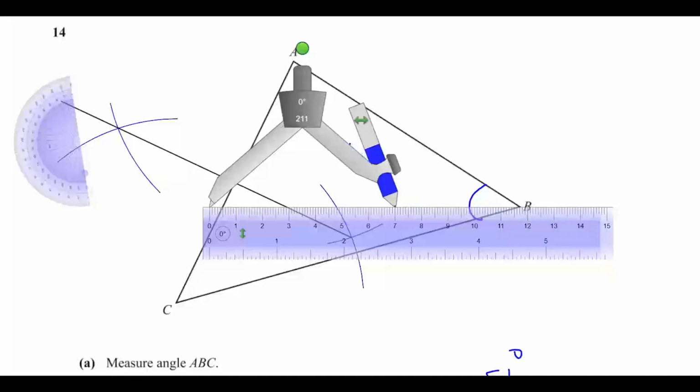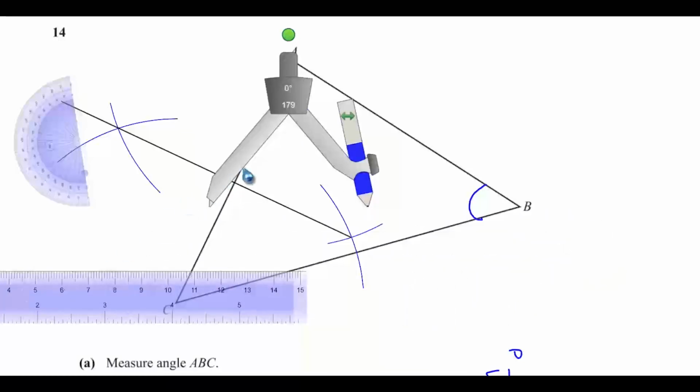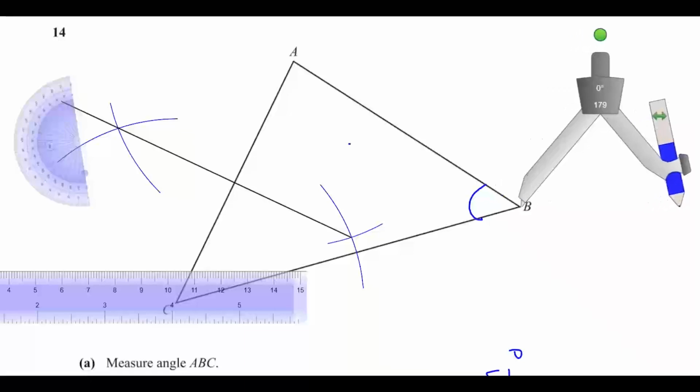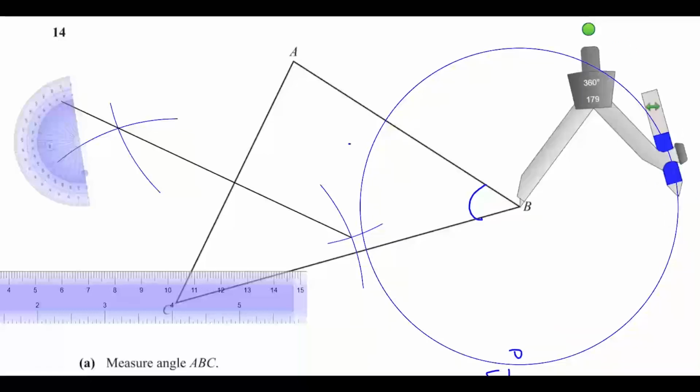So 6 centimeters will be somewhere here. Good. So we can now draw a circle with this radius, center here. Then let's draw this. Good. So this is the boundary that is 6 centimeters from point B.